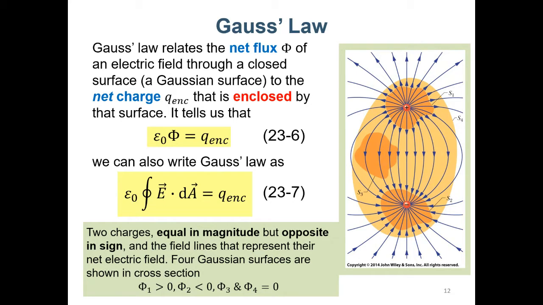It only encloses the negative charge, so similarly, all the electric field lines go into this surface, which means phi is negative, and the charge is negative. So it's written here: phi 1 is larger than 0, phi 2 is smaller than 0. The net flux across this surface isn't related to the positive charge.